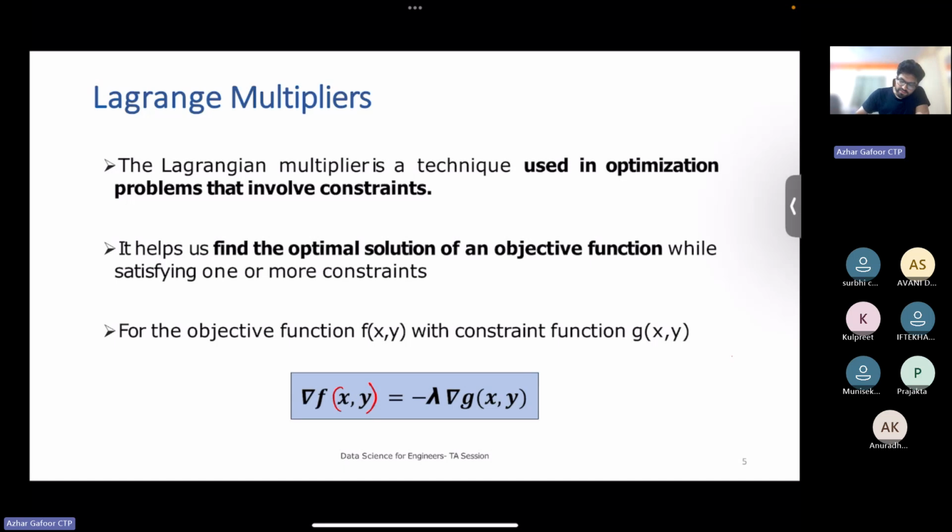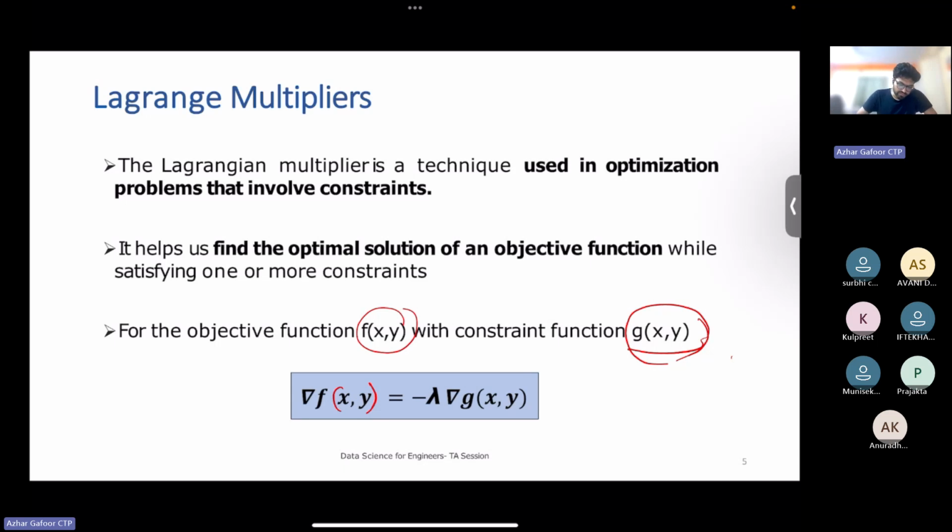Let's say our constraint is denoted by the equation g of x, y, and the objective function is f of x, y, where this is a multivariate problem.